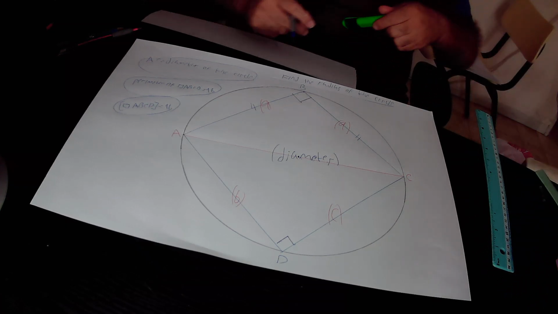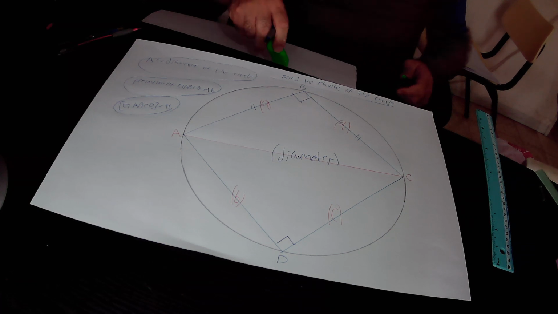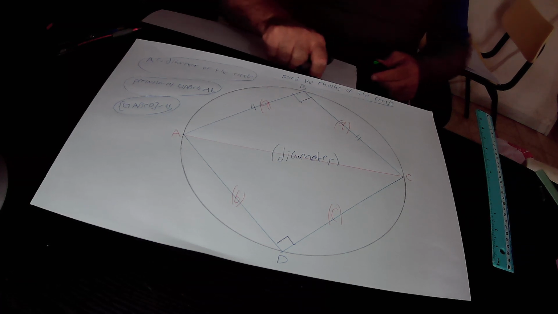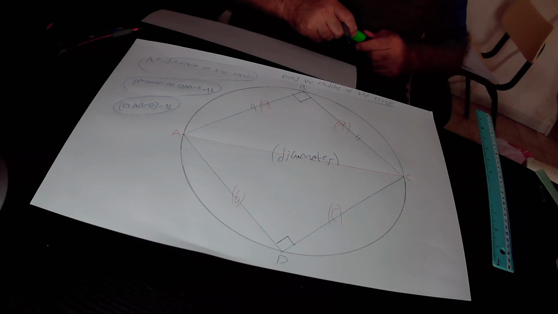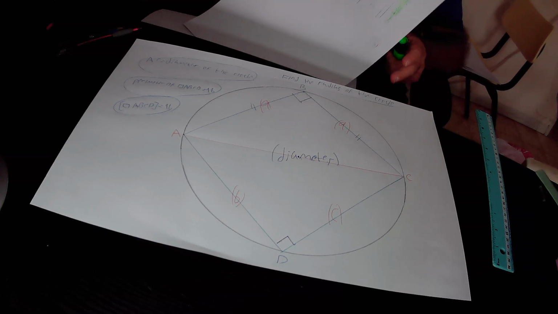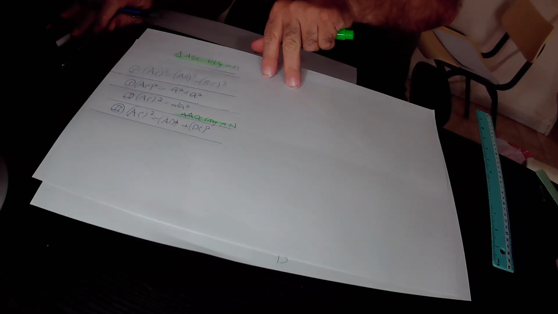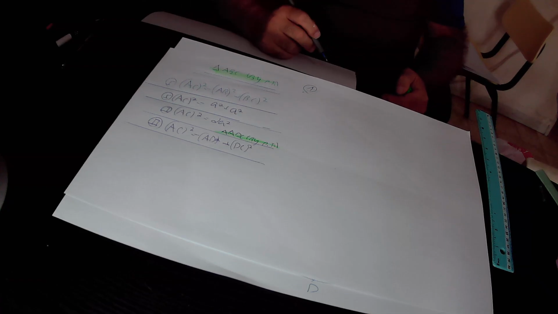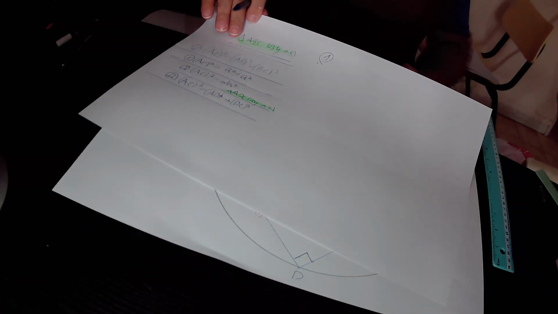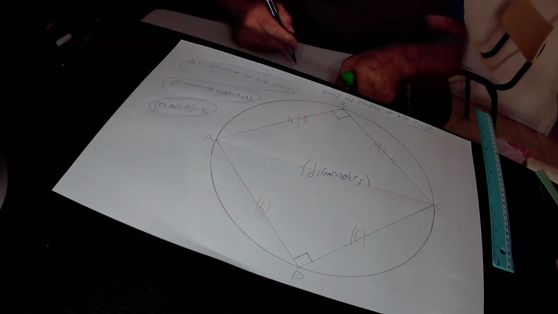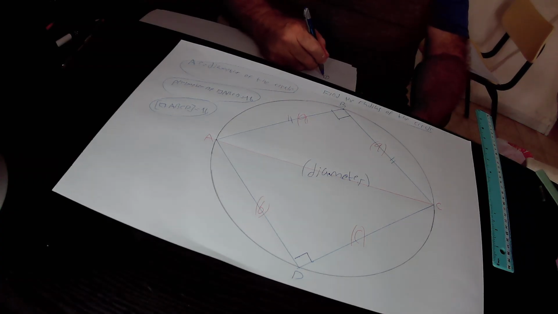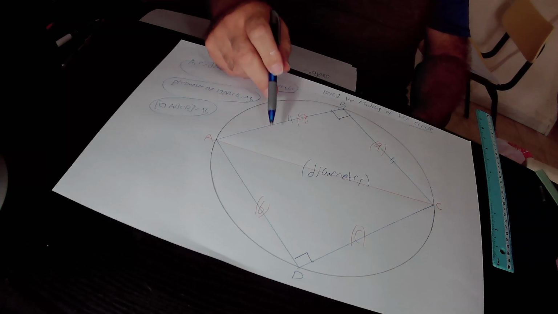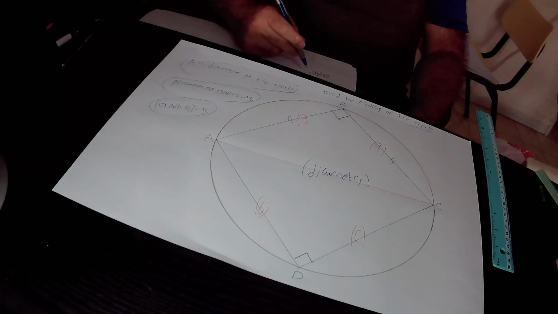So AC squared equals AD squared. AD is B, therefore AD squared is B squared, plus DC squared.